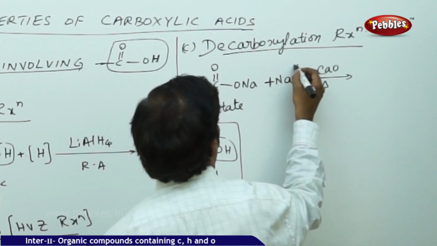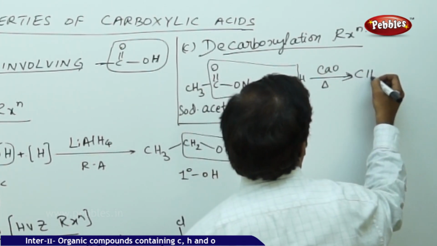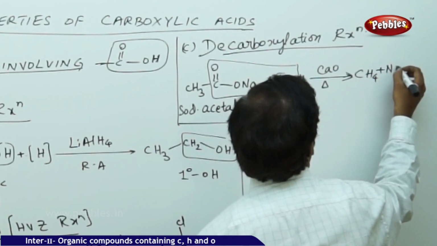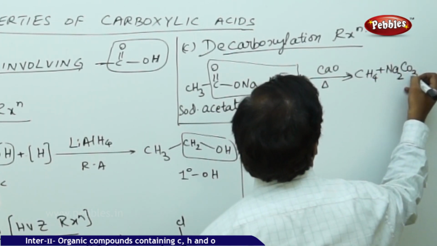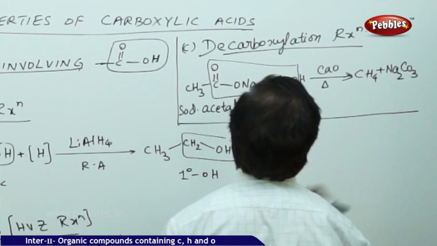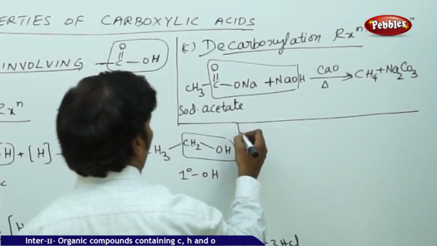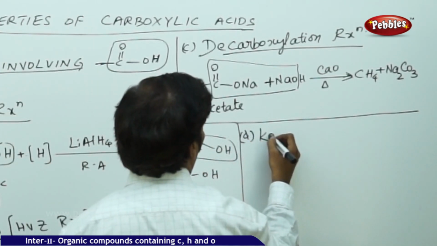Here you remove one molecule of sodium carbonate, the product is methane and the byproduct is Na2CO3. This is decarboxylation reaction. Then after decarboxylation reaction, go for Kolb's electrolysis.